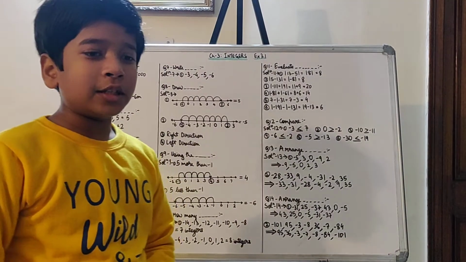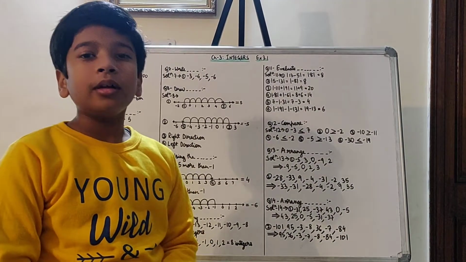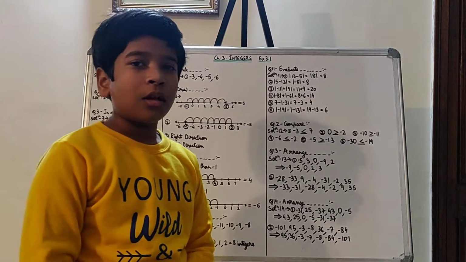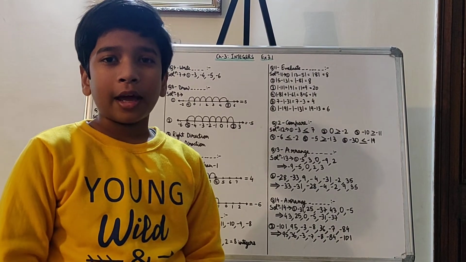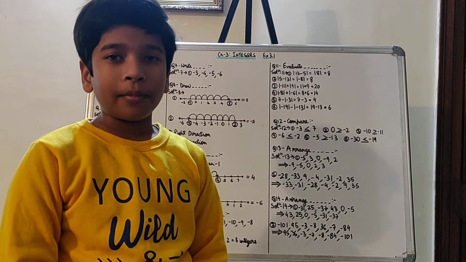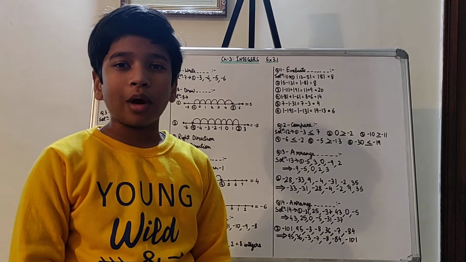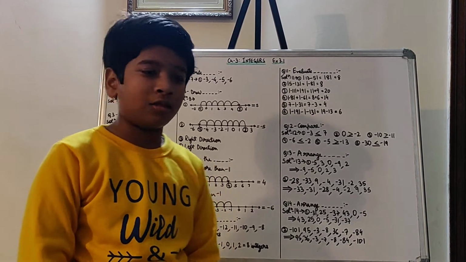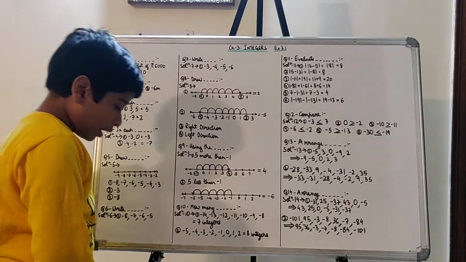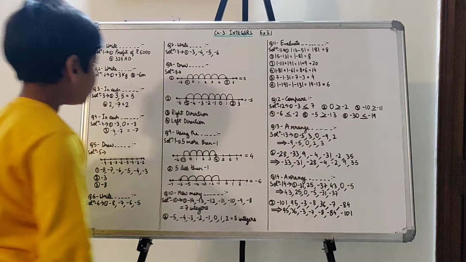Positive integers are the numbers which have a plus sign before them, meaning 1, 2, 3 and so on. And negative numbers are those which have a minus sign before them, like -1, -2, -3 and so on. So let's start with the exercise now.